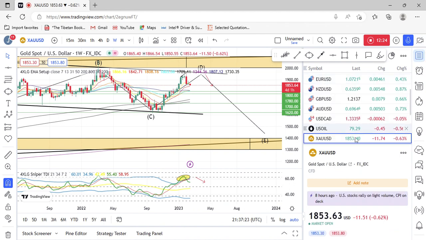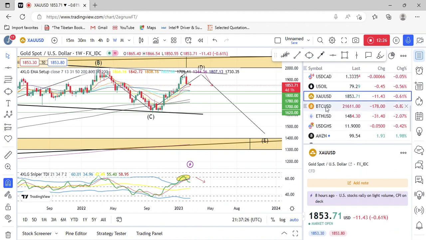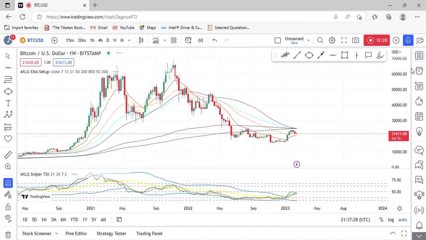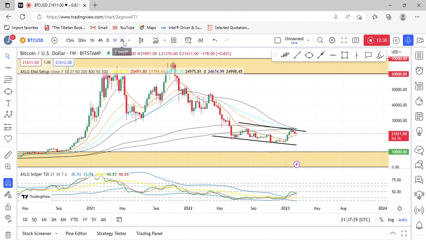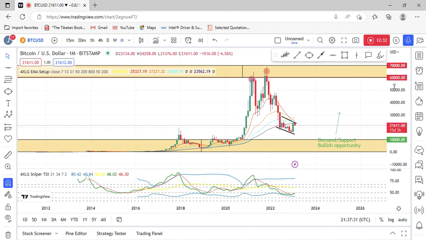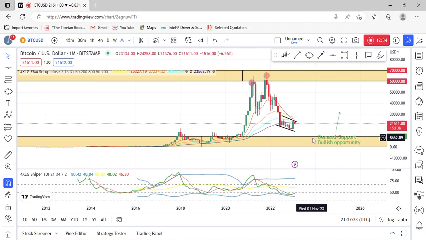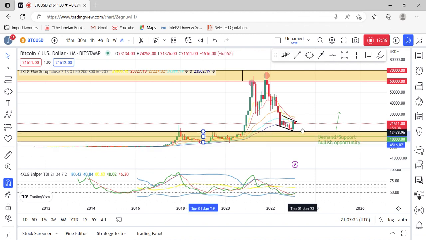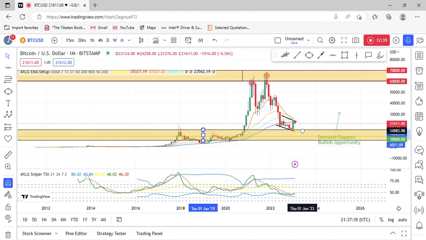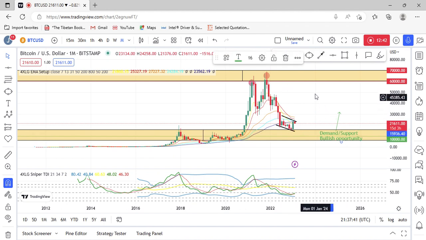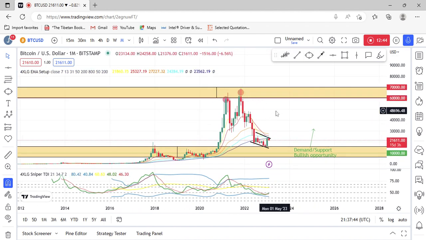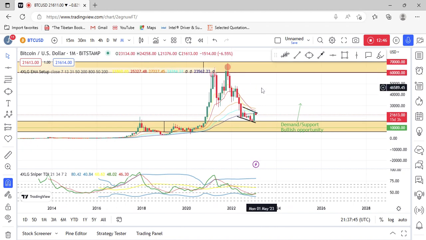Now let's check some cryptocurrencies as well. In the long term, we are seeing this bullish rejection or opportunity from a long term bearish.